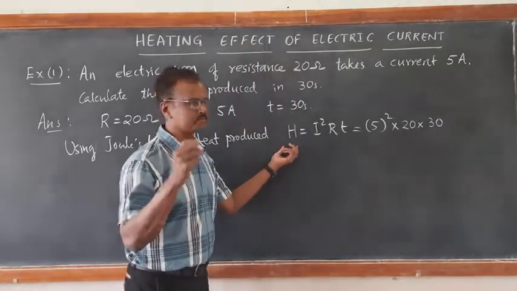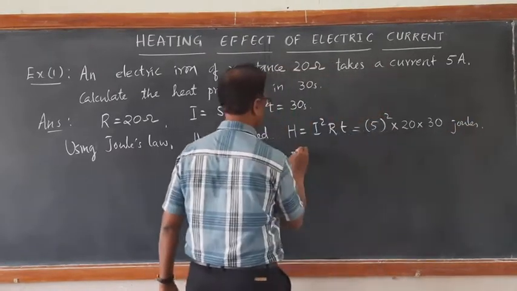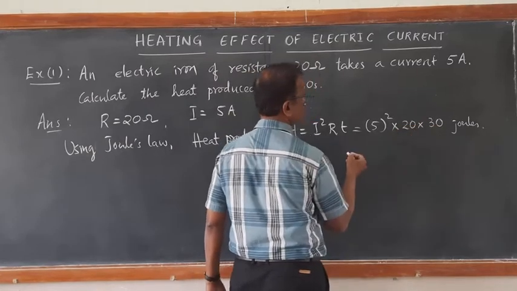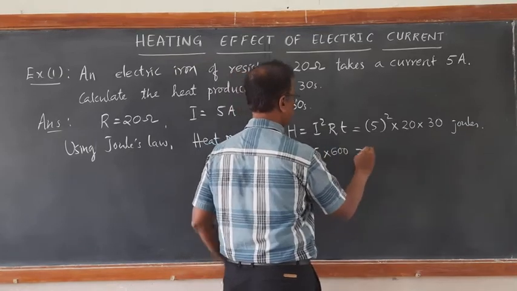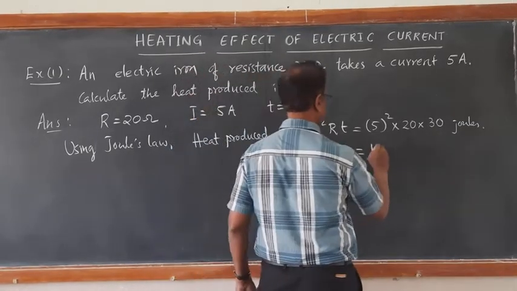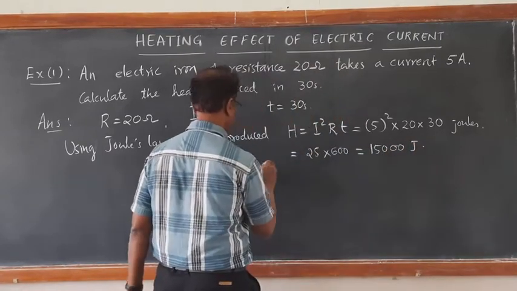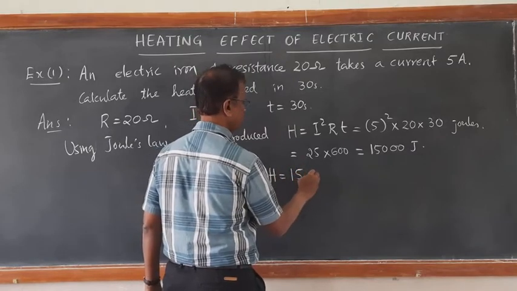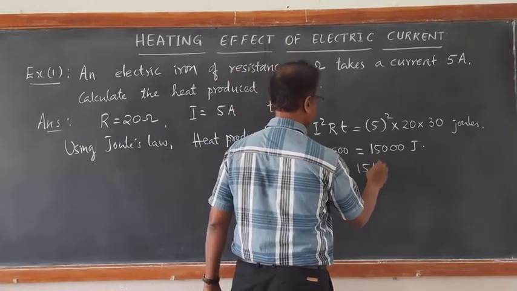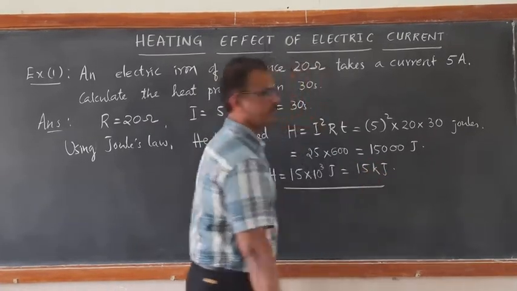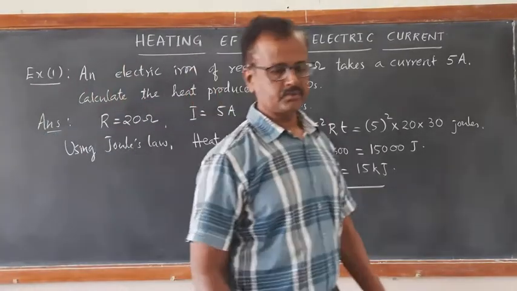So heat produced will be in terms of joules. 2 3s are 600 into 5 5s are 25. So 25 6s are 150. 15000 joules. Therefore heat produced is equal to 15,000 joules, 15 into 10 raised to 3 joules, which is equal to 15 kilojoules. So this is how you need to solve the problem using Joule's law of heating. Now let us see the next problem quickly.